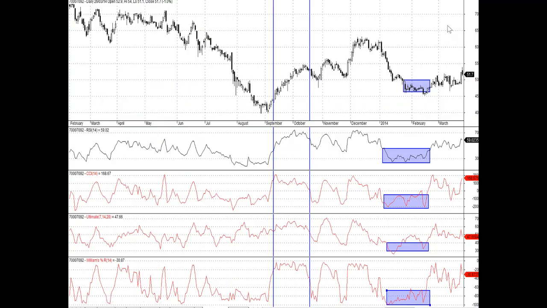So let's continue. On this chart, I have used the RSI, the CCI, the ultimate indicator, and the Williams percentage R. All these 4 indicators use the closing price in their calculations, and all of them are telling us that the prices have become overbought in this zone, and the prices have become oversold in this zone.